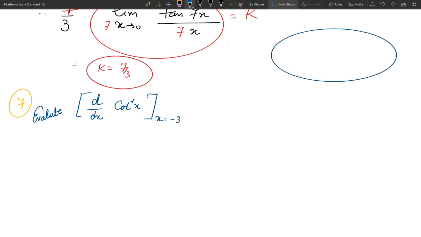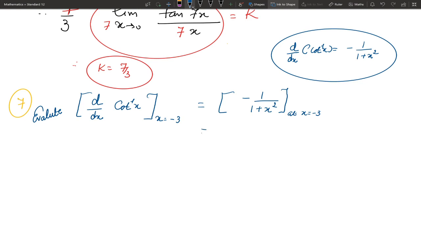So first we use this formula: d by dx of cot inverse x is minus 1 upon 1 plus x square. Evaluate at x equal to minus 3.